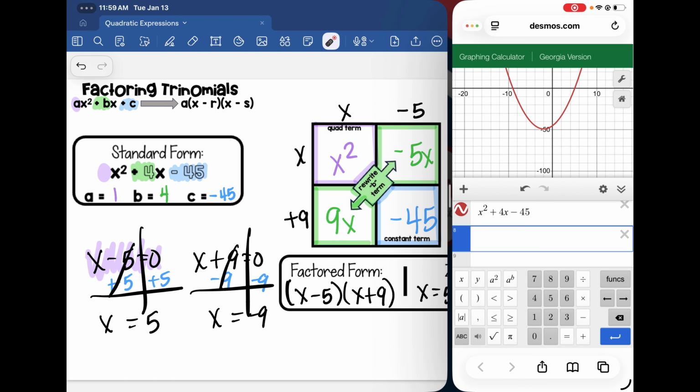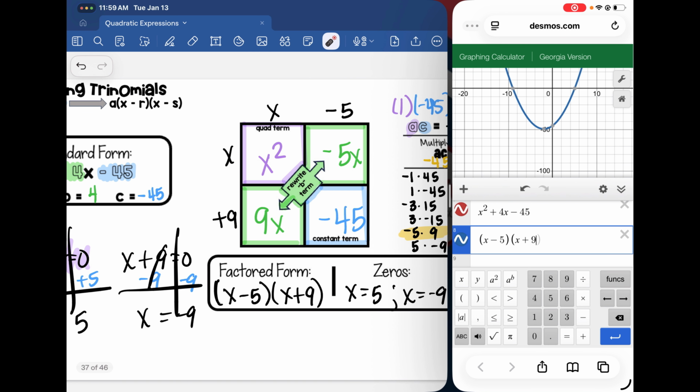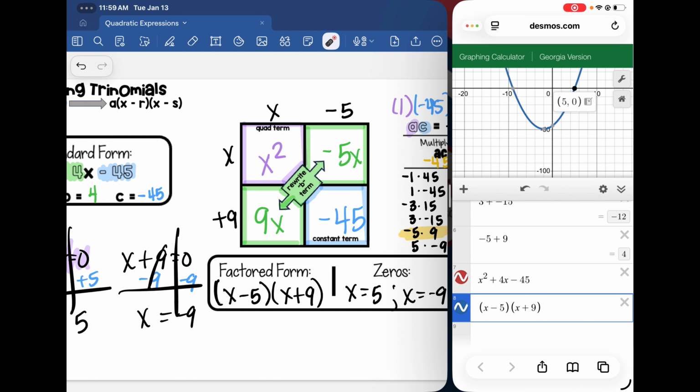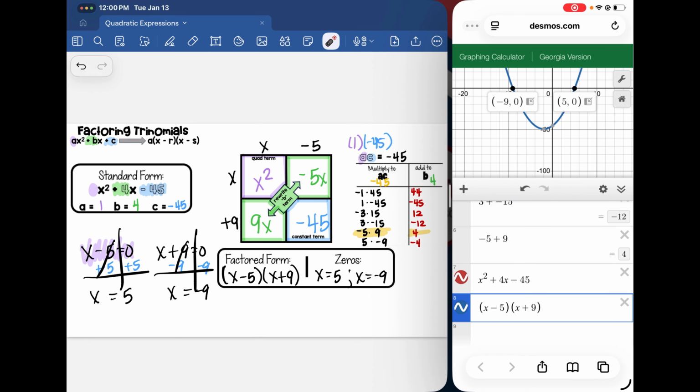And when we got our factored form, we said it was x minus 5 times x plus 9. Well, we were right because the parabolas match. Let's check our zeros, because that means that it should cross the x-axis at 5, and it does, and -9, and it does. I know that was a lot, but we're going to do 3 more examples.